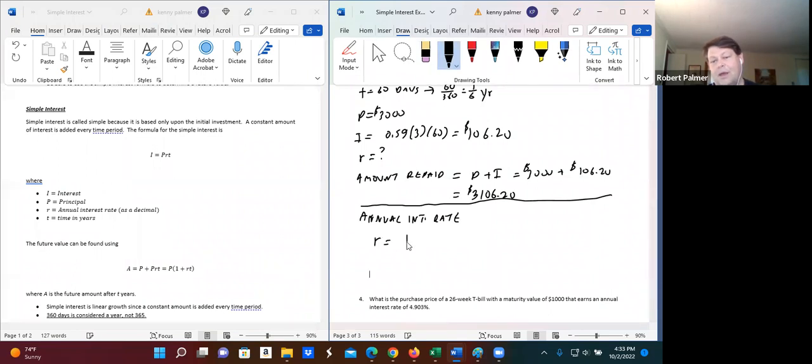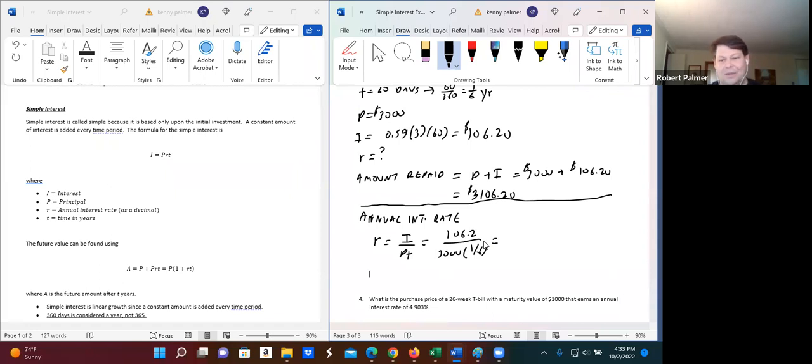R equals I over P times T. So the interest is 106.2. The principal is $3,000 and then times 1/6 of a year. Okay. So we can plug all that in. So 106.2 divided by, and put parentheses to make sure you're dividing by the whole thing, 3,000 times 1 divided by 6.